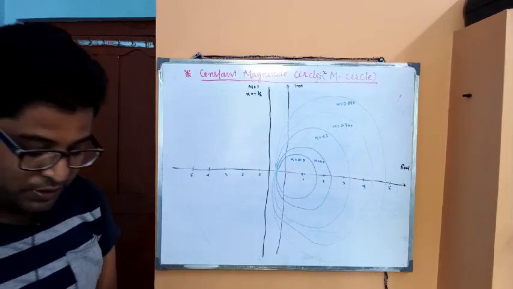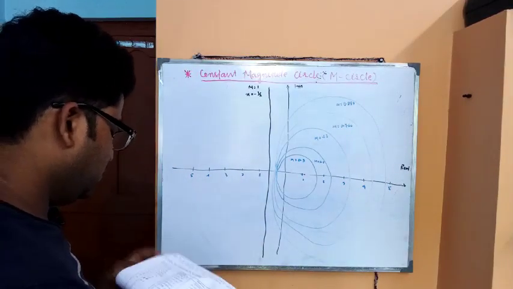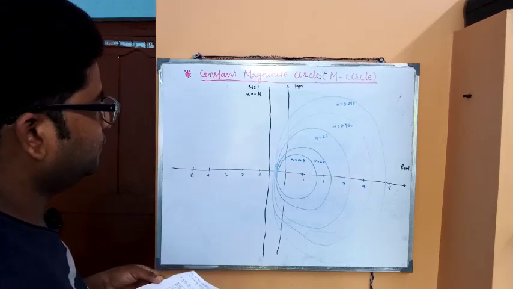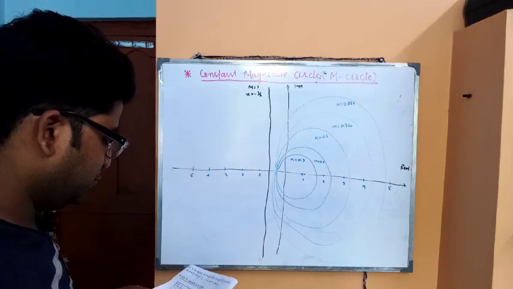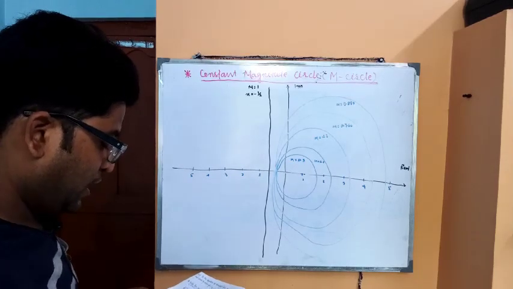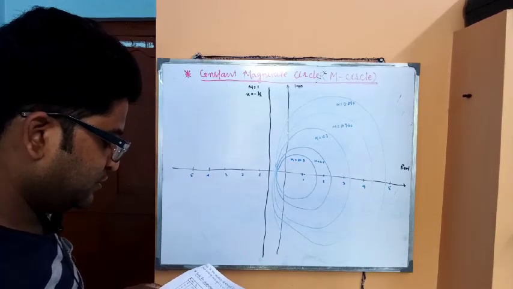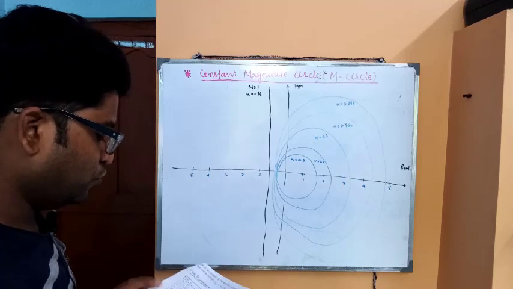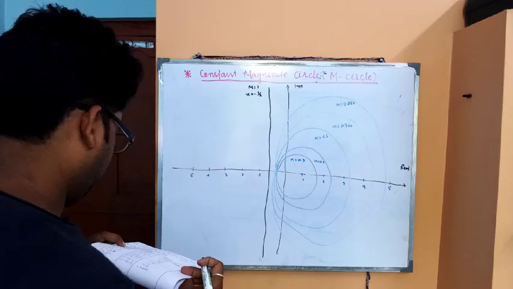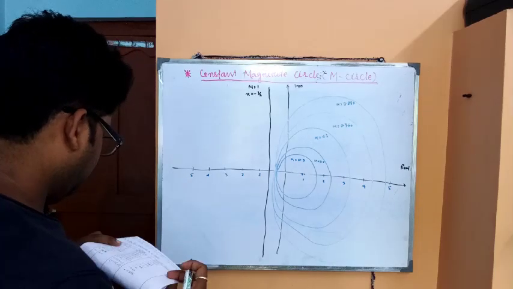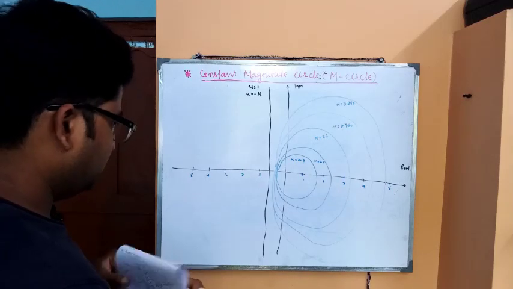Now the M circles for the rest of the 5 values will lie on the left hand side of the imaginary axis. For the first negative value we are considering M equal to 1.2, and with respect to this we have the coordinate of the center equal to minus 3.27, 0. First we consider the 10th value.